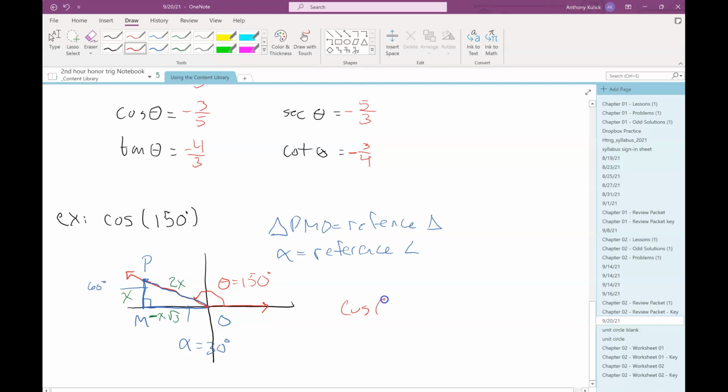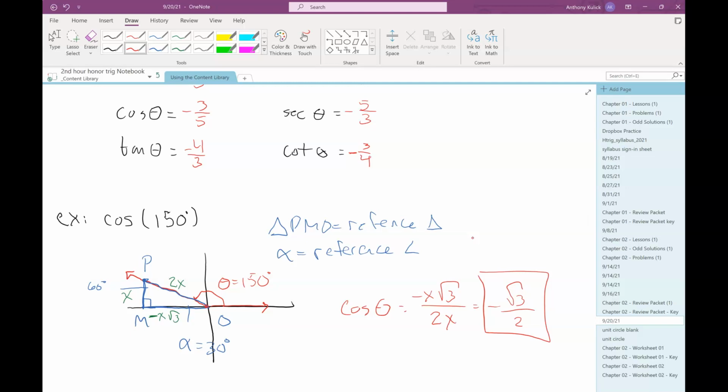Okay. So now that we've drawn our situation, cosine theta is going to be adjacent over hypotenuse. And the x's just cancel out, and we're left with negative root 3 over 2. We good there?